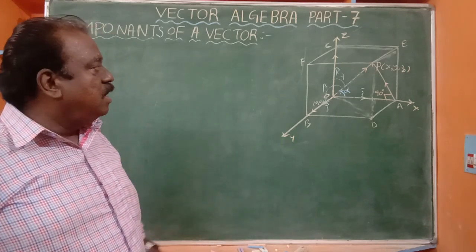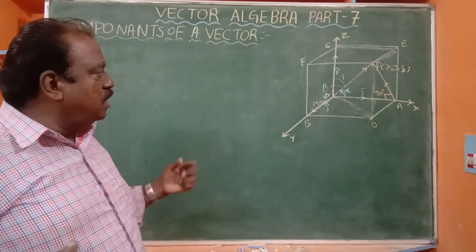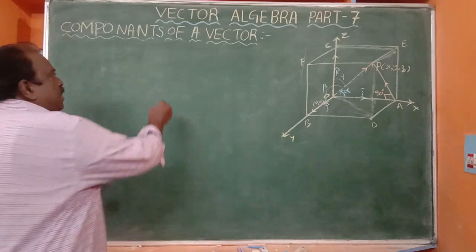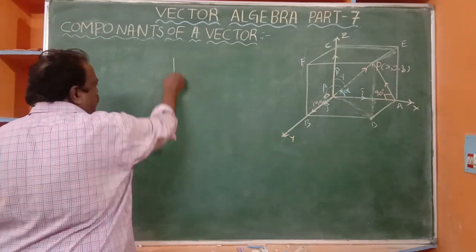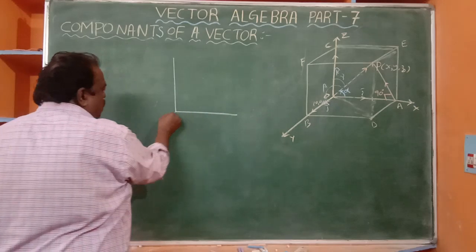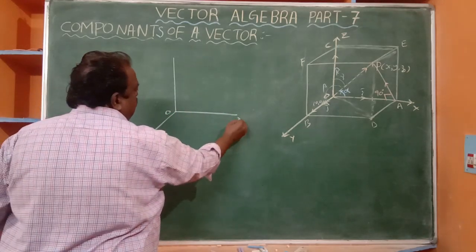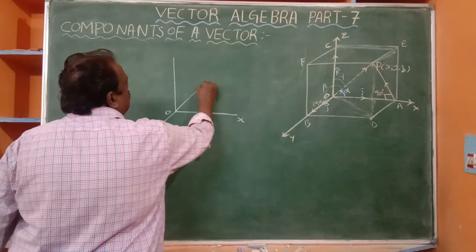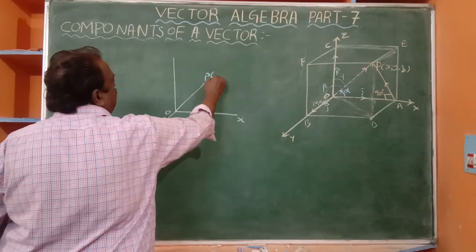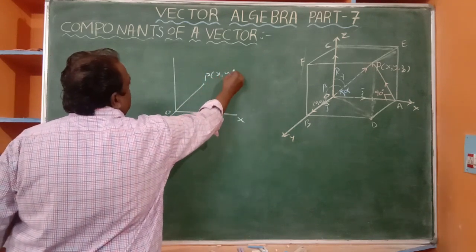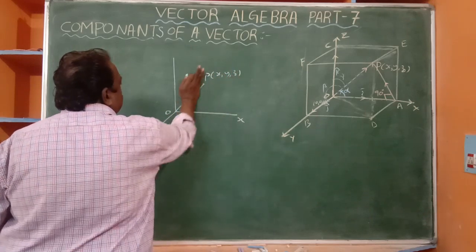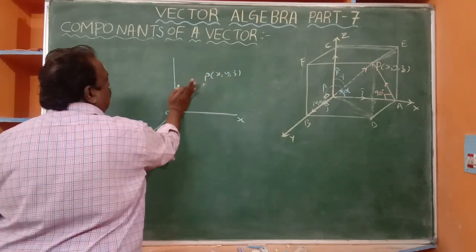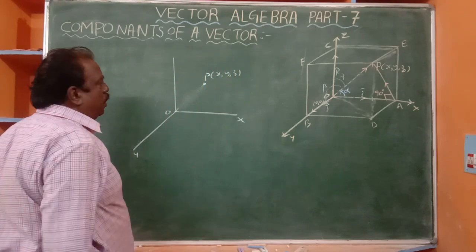So once again, we will come to the point. Again, I draw the diagram. It is the horizon, it is the x-axis, y-axis. First, point P is there. We should not join yet. P is a point.